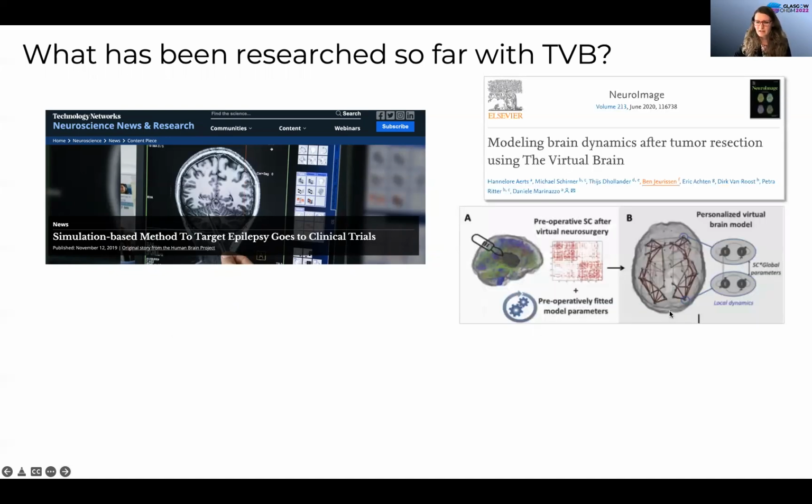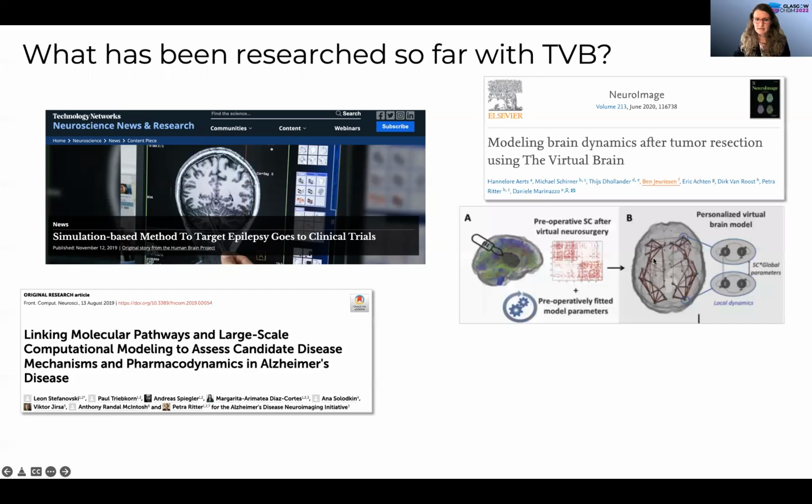Also, there have been multiple retrospective studies that show that the virtual brain could in principle also be used to determine how much of the tumor tissue should be resected.